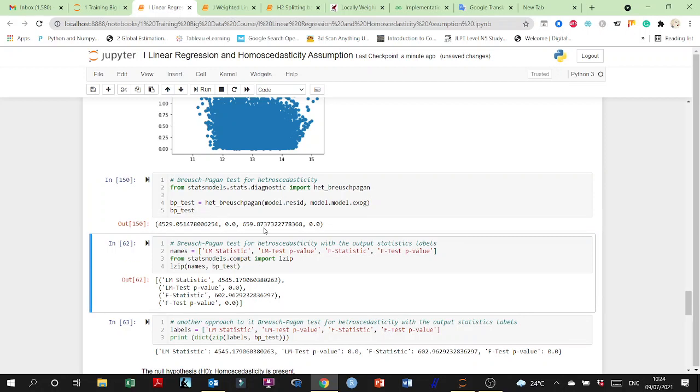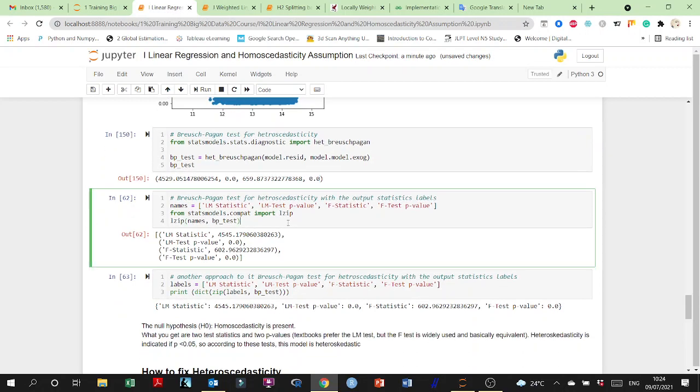And here is the output. As you can see, the output consists of 4 readings. These 4 readings correspond to 2 statistics. This is the first statistic, and this is its significance value, the p-value of this statistic reading. And this is another statistical reading, and this is its p-value.